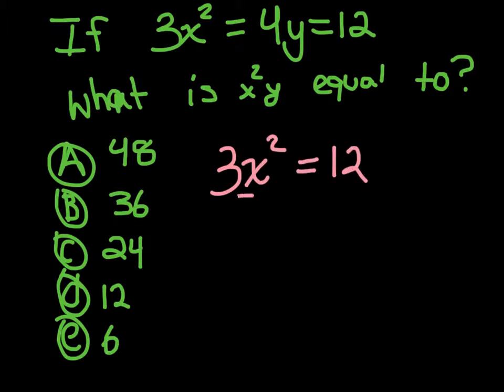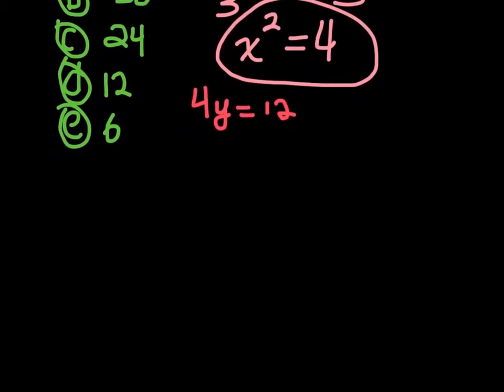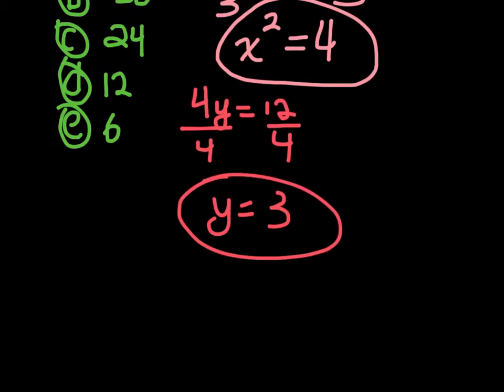If we divide both sides by 3, we get x squared is equal to 4. Let's leave that right there. We'll use that later. We also know that 4y is equal to 12. Dividing both sides by 4, we get y is equal to 3. So now we have the value of x squared and the value of y.